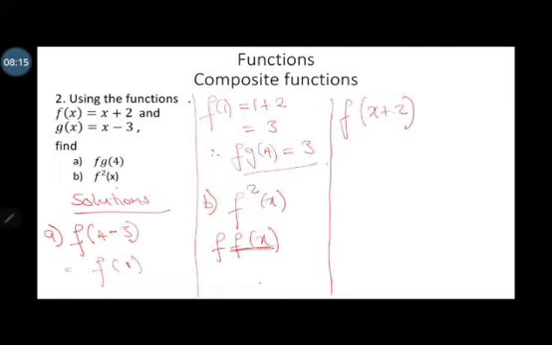What we have here is f of x. Where there's x, we have x plus 2. Meaning even in this part of the equation, where there's x, we write our x plus 2. So our f of x plus 2 now becomes x replaced by x plus 2.